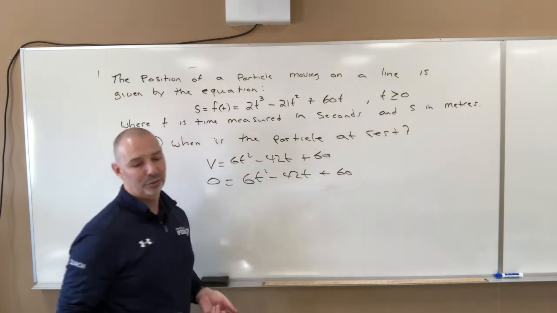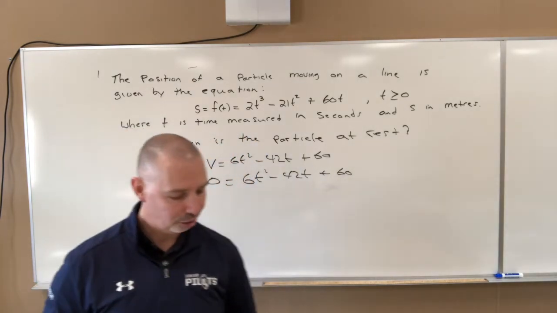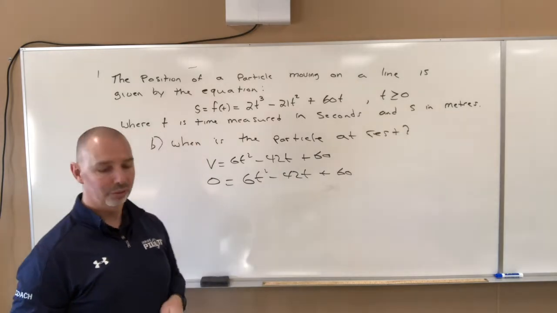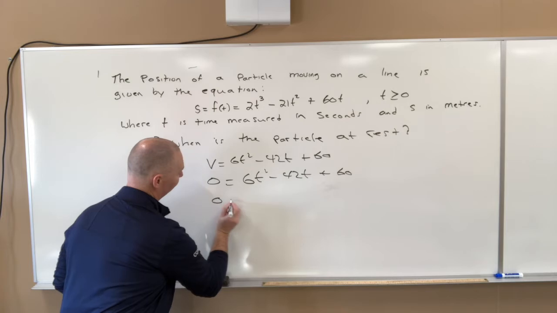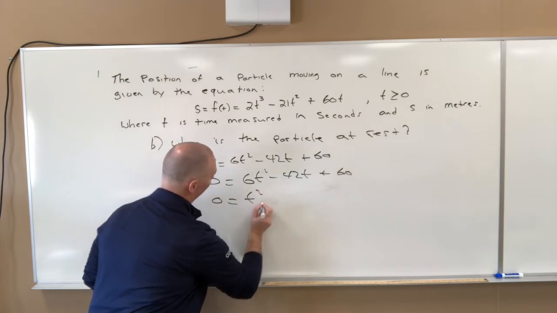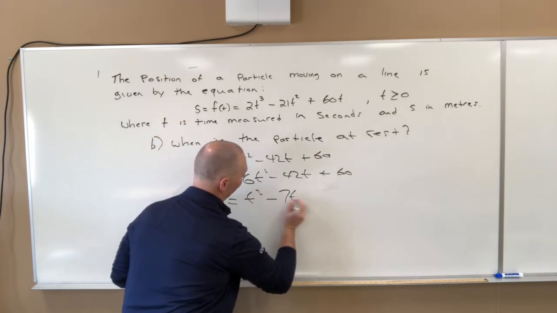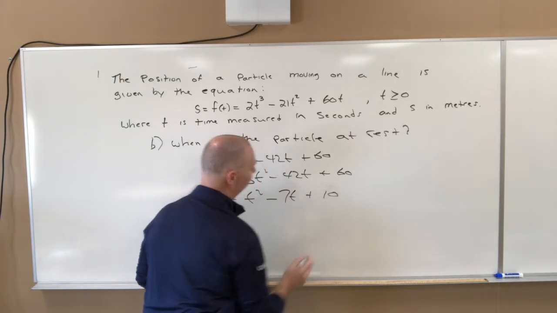And so again, when factoring, the first thing you want to do is take out any common factors. And so the first thing we can do here is divide everything by 6, including the 0, which will leave us with simply t squared minus 7t plus 10.